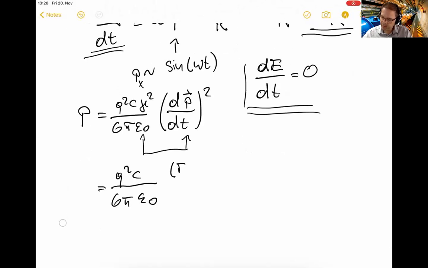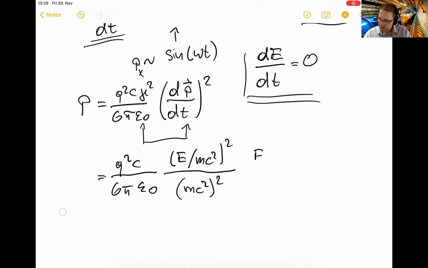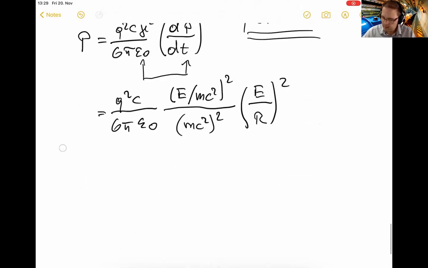I write the gamma factor as the energy of the particle divided by mc squared, squared because it was gamma squared, divided by mc squared, and now I inject my expression for dp with respect to dt, which is E over R, squared. I know that these steps go fast, okay? But you have a recording already, in case you want to go into more details or do it yourself.